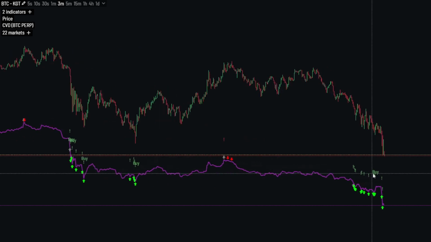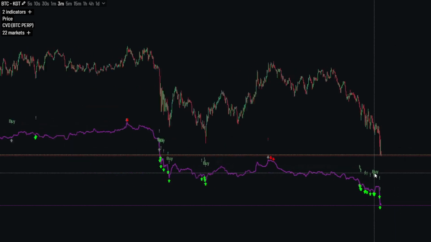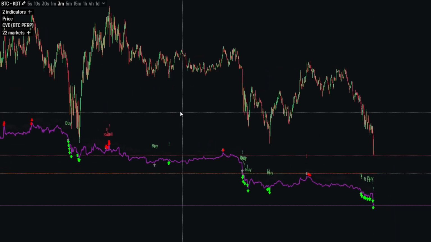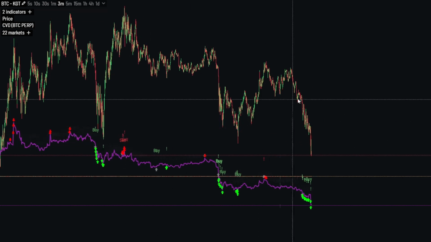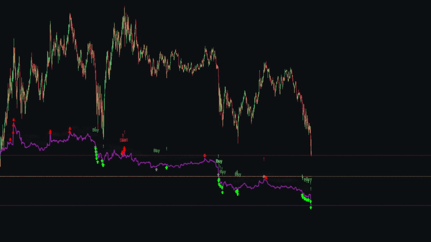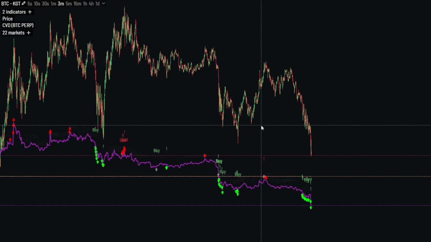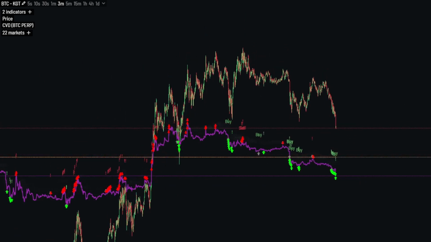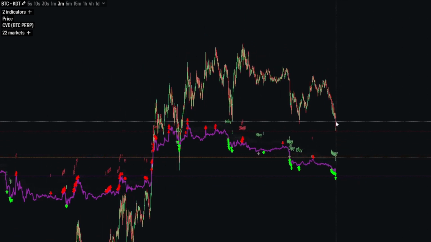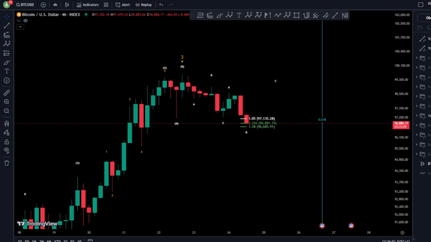Let's see what it's going to do, but it looks very weak, to be honest. We have a very strong sell coming from the top here, and then we're moving down. So that was for KGT. I think it is still, of course, corrective, but we might see lower prices, definitely in both case scenarios.